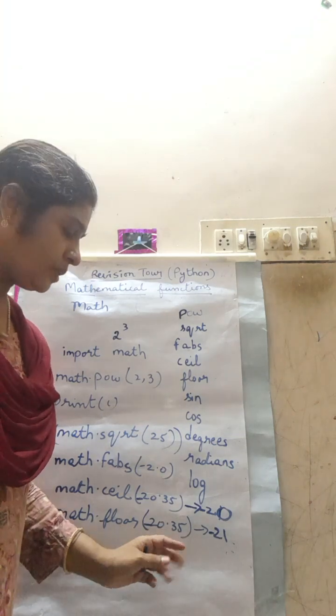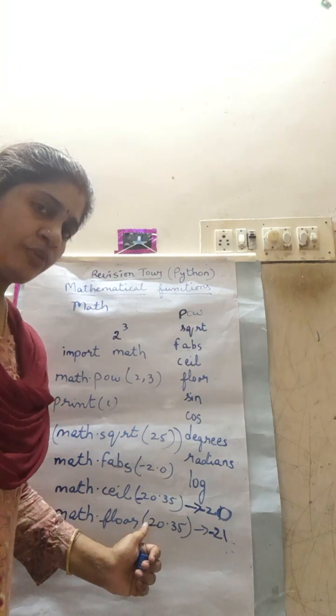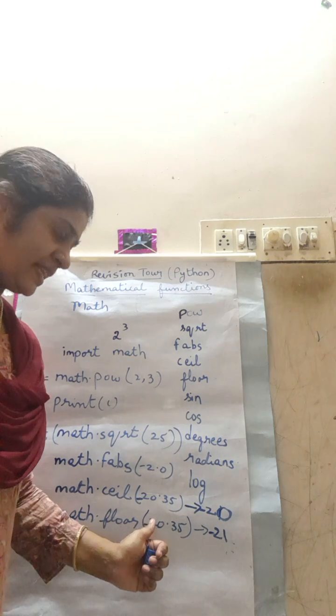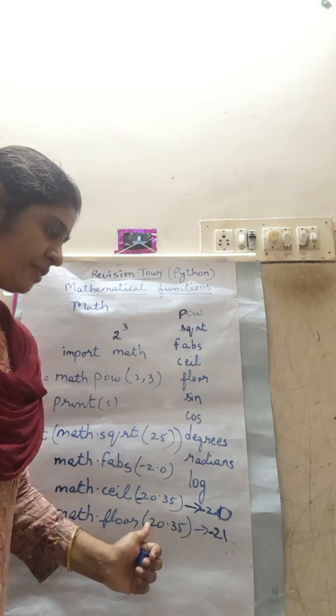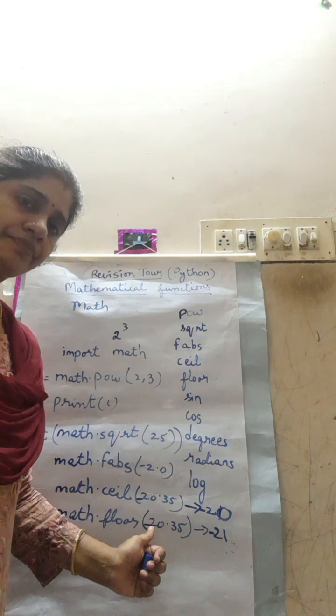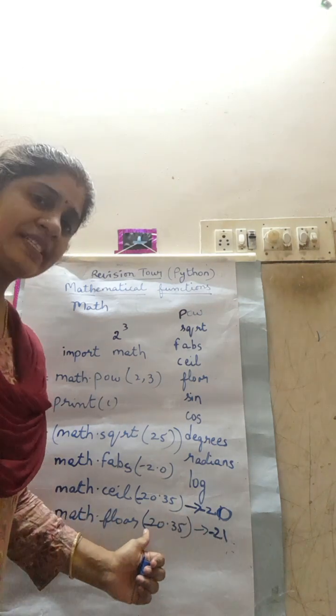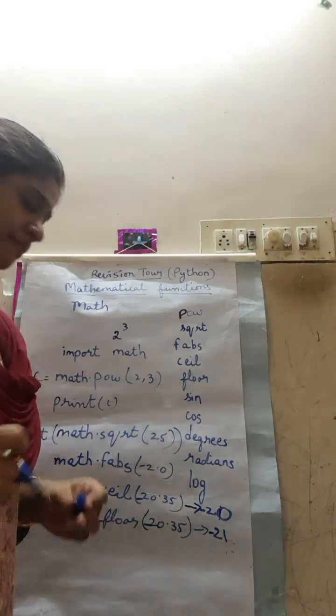If it gives you minus 20, that would be a greater number, so it will give you the smaller number, minus 21.